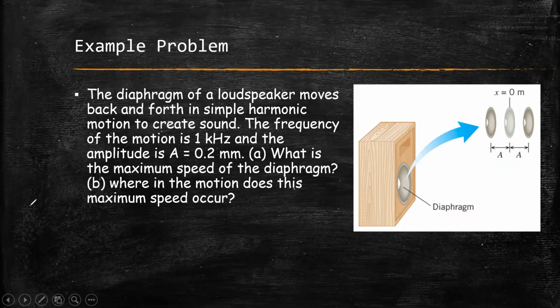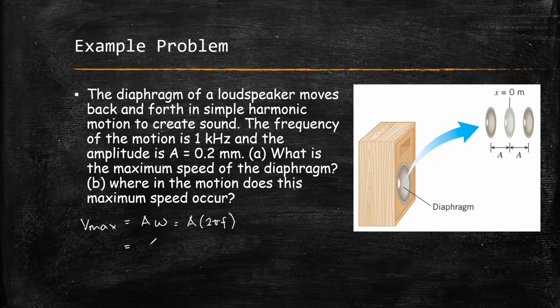So to solve for the maximum speed, or Vmax, we will use the formula A times the angular frequency. And we know that the angular frequency is equal to 2 pi f. We are given a frequency of 1 kilohertz and an amplitude of 0.2 millimeter.